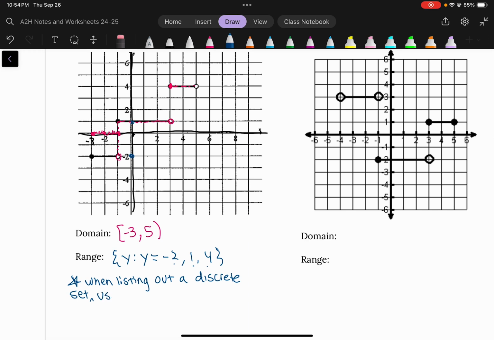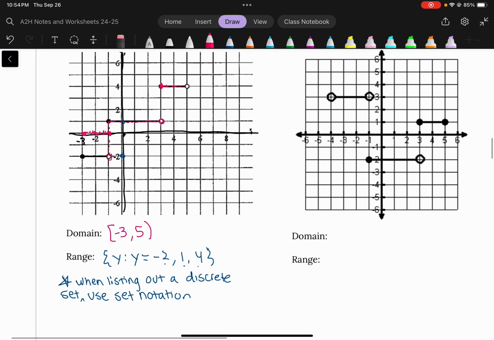For example, the domain here contains, I don't know, -2.812423. Every real number is contained in that interval. Sorry, that interval contains infinitely many real numbers. All right, so the domain for this guy here, same idea, -4.